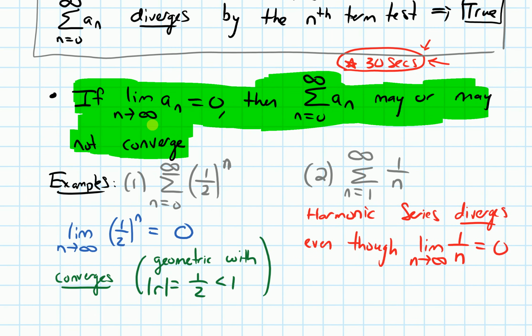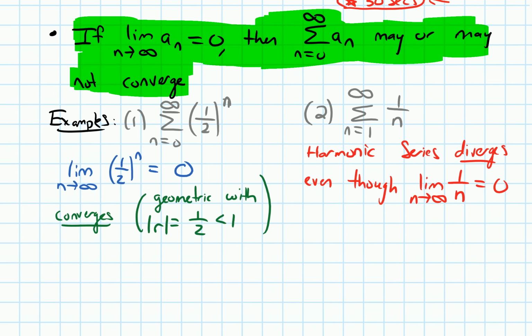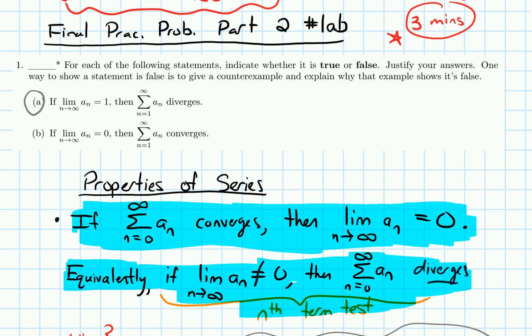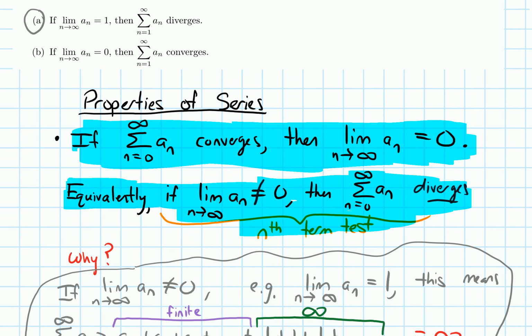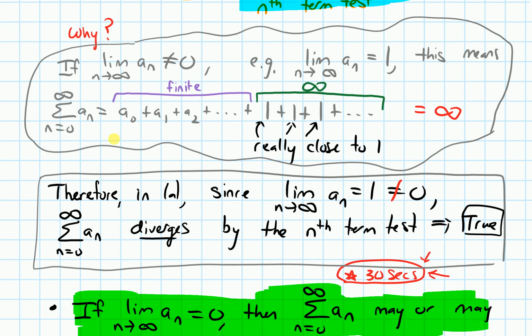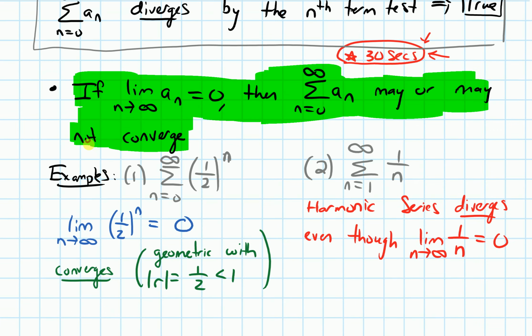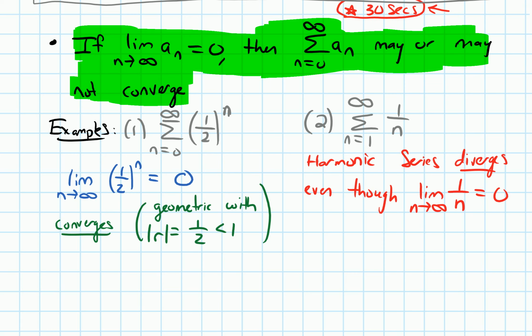We proved this before. Okay, so if I look at part B, I'm going to scroll up one more time. Part B is saying if the limit of a sub n is 0, then the series converges. Well, based off of what we just said, we just realized that if the limit of a sub n is 0, then the series might converge, but it also might not.